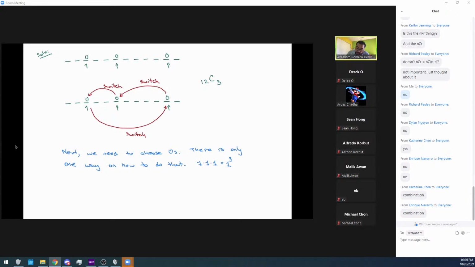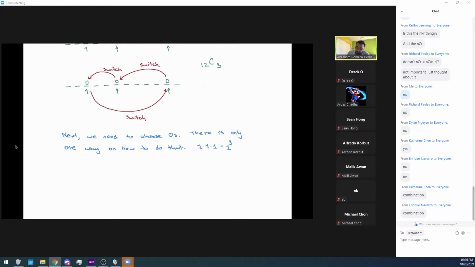But now I also have to worry about the other positions. What are these going to get filled with? Well, lastly, how many ways can we arrange the ones?